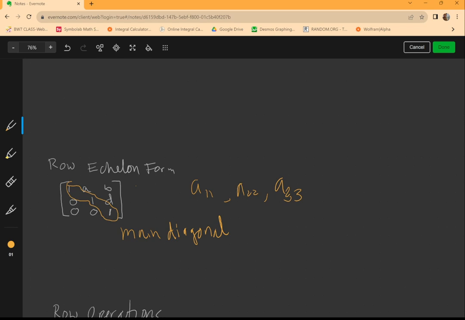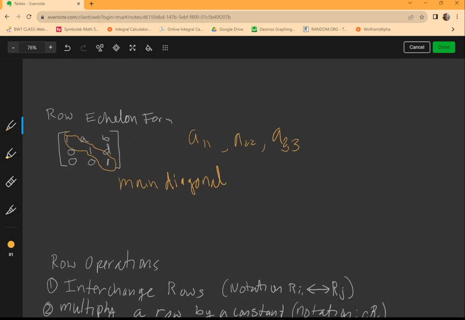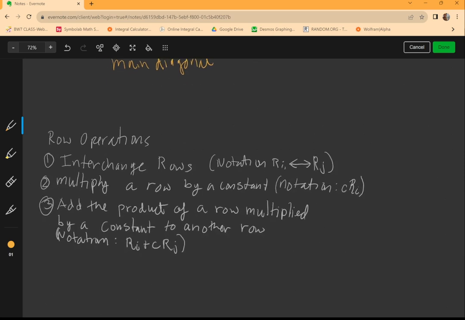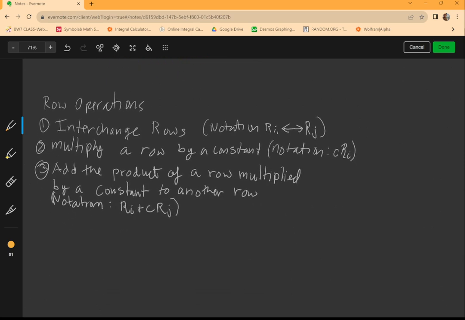Right now, the way I'm going to achieve that is through what is known as row operations. Now, there are 3 row operations. All right, so I'm going to scoot up here. Row operations. The first one, I can interchange rows. So the notation being used here is R sub i, and then that double-sided arrow with R sub j. Okay, and again, I'll go over some examples in a second on how I do that.